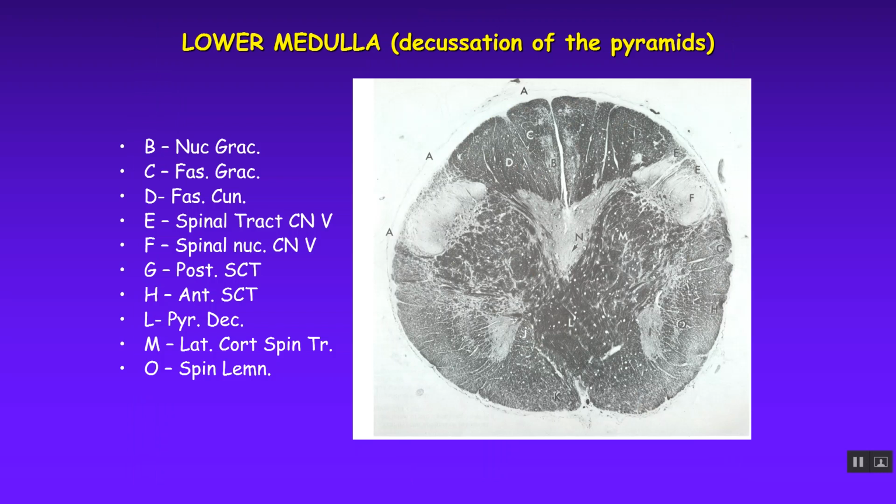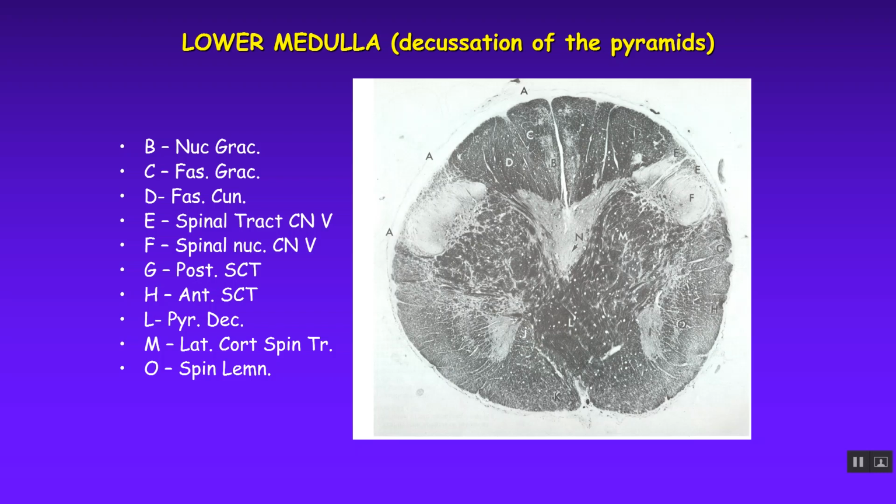So this first cross section is through the low medulla, at the level of the pyramidal decussation. Lower medulla, decussation of the pyramids. First of all, notice it's pretty round, because we're almost into the spinal cord, and the spinal cord is fairly round. We're kind of transitioning between brainstem and spinal cord here.